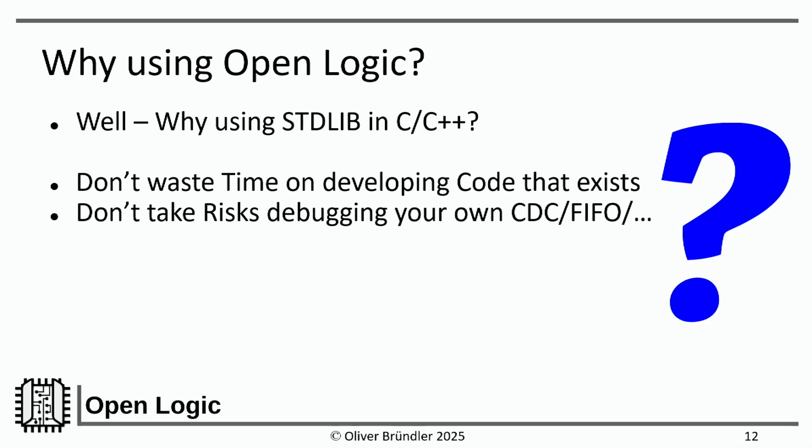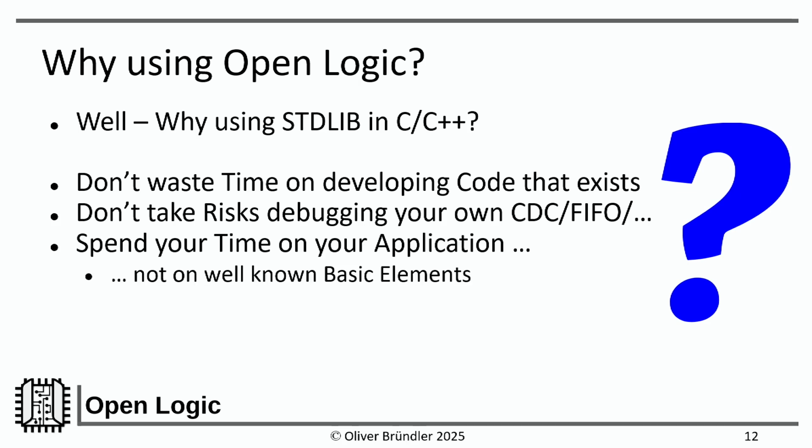You also don't want the risks of debugging your own CDCs and FIFOs and the likes. You want to spend your time on the application. You will not write a better FIFO than anybody else, but you will write a better application because you know your application. At CERN, you know the time sensitivity that you have or the bandwidth bottlenecks. That's something you know, and you can invest your time in that. Writing FIFOs, anybody can do that.